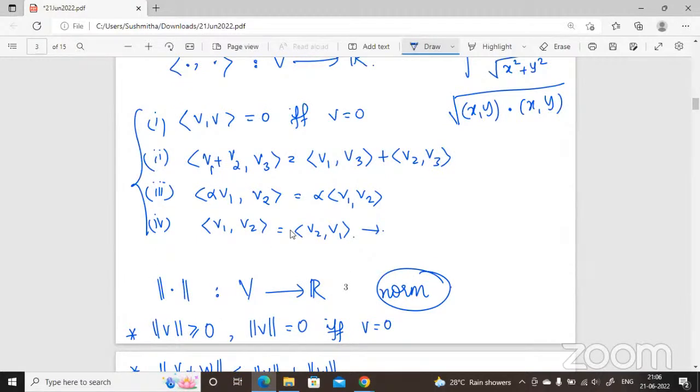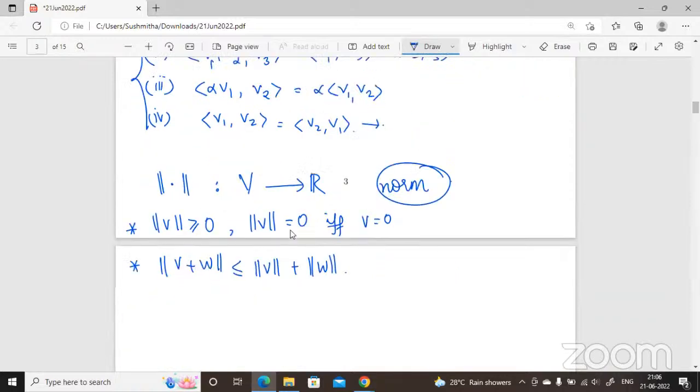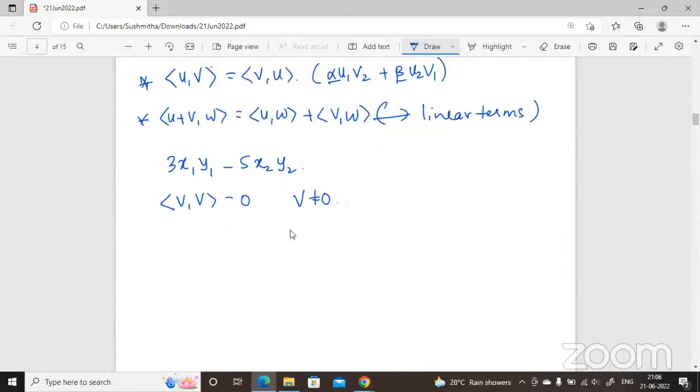We want inner product v comma v to be greater than or equal to 0, right? And equal to 0 if and only if v is equal to 0. Okay. Can you give me a vector where this doesn't happen?